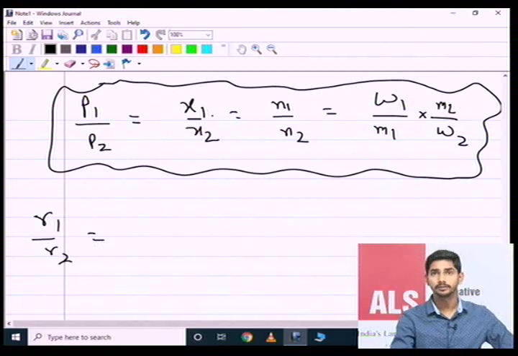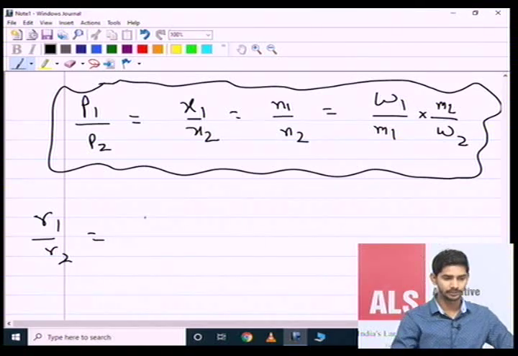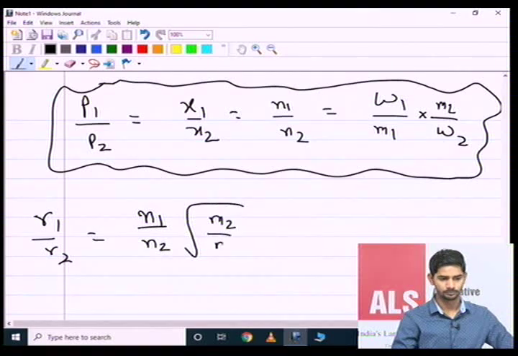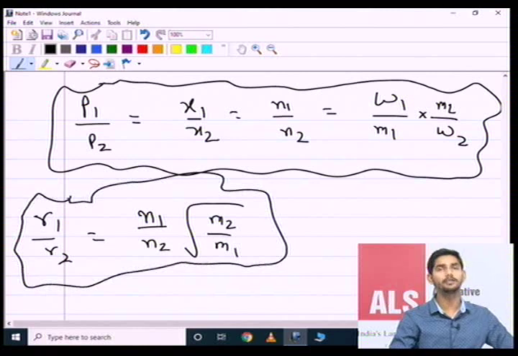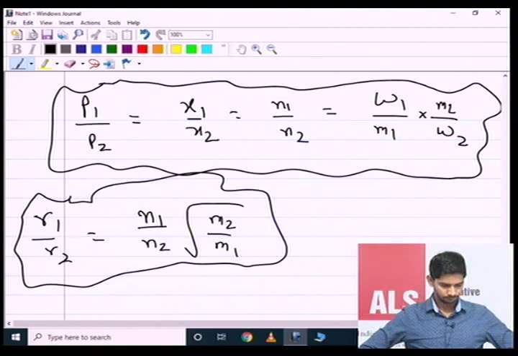Ratio of the mole fractions is equal to what? Ratio of the number of moles as well. So this can be written like this as well. It means I can pick any of the values given over there. Copy. Copied.